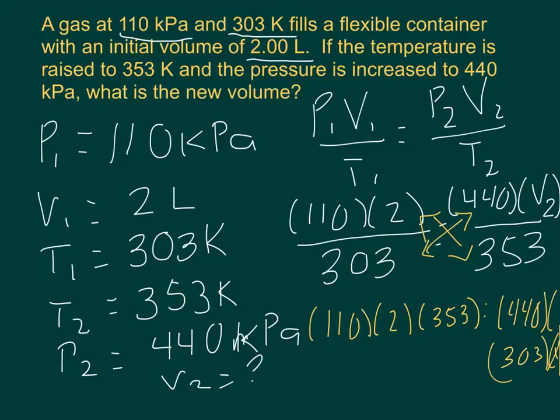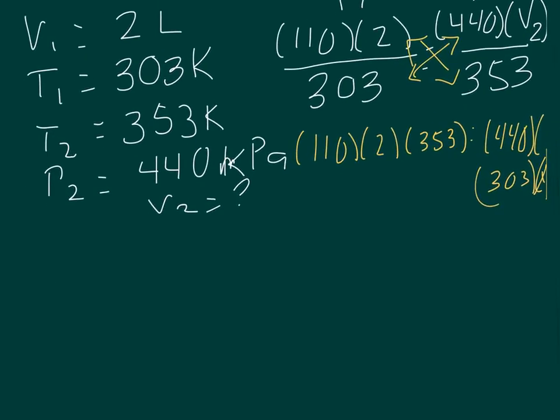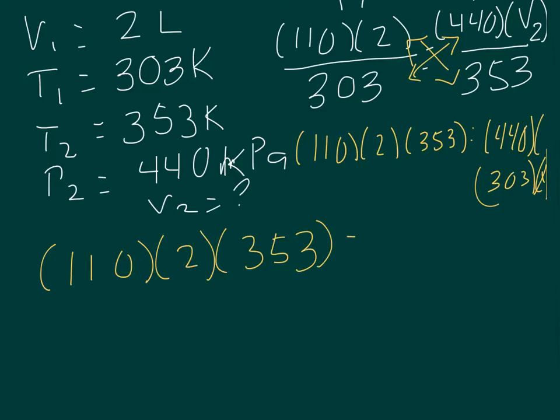I'm going to rewrite this and make a little more room here. So again, I have 110 times 2 times 353 equals 440 times 303 times x.